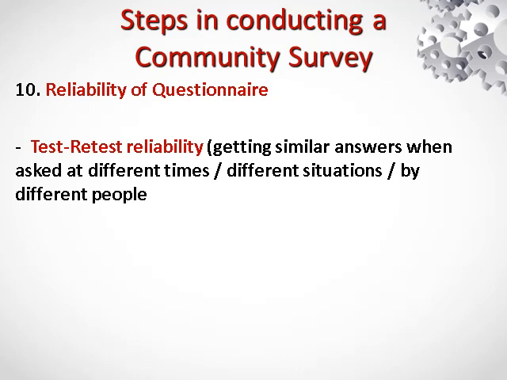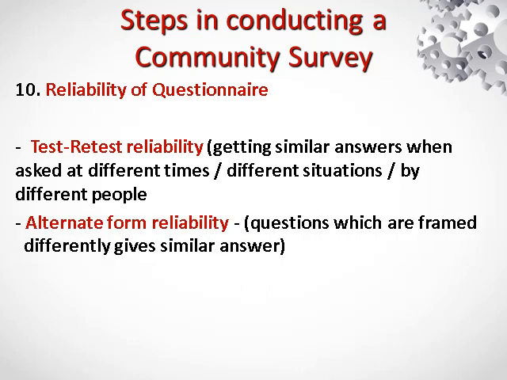Second type of reliability is alternate form reliability. What is that? You ask the same question in a different way, or you reframe the question and ask, okay, will you get the same answer? I will ask you two questions. First is, at what time do you wake up on weekdays? Your answer is 6 a.m. Second, I am asking in a different way.